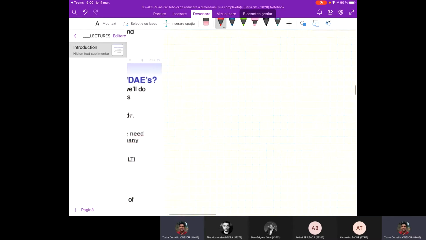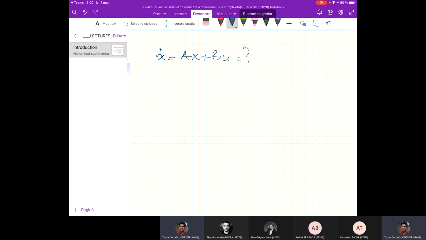Do you remember what the solution of this equation is? What is the solution of this equation? How do you compute the solution of a differential equation or differential system? Do you remember first order?